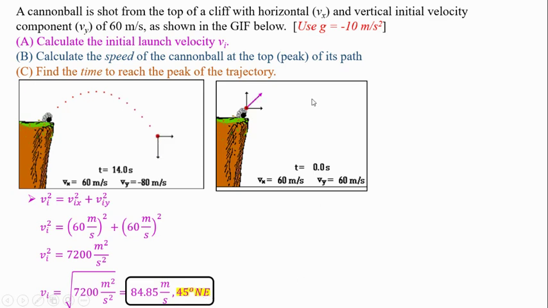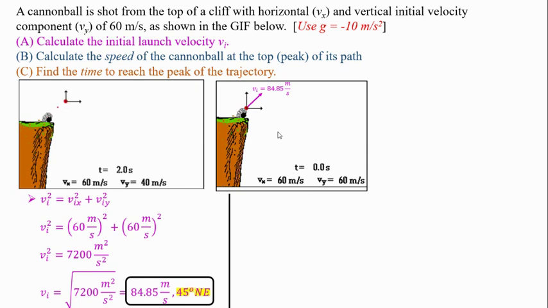If you look in the still diagram here, this is what I just found: the initial velocity, which is the vector in between your vertical and your horizontal. That value is 84.85 meters per second. Again, because it asks for velocity, I include the direction, which is 45 degrees because this is pretty much a square. All right, so that's that.